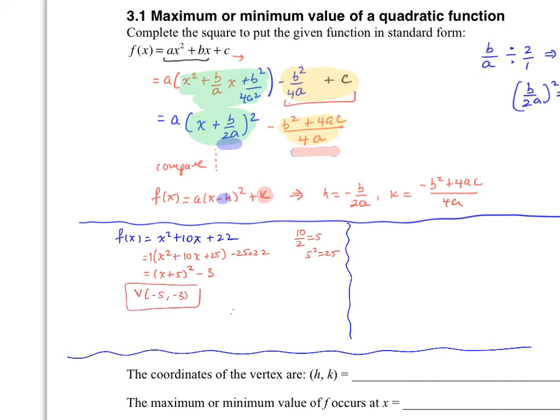So therefore the vertex will be negative 5, negative 3. So this was the old-fashioned way. Here the value for a is equal to 1. Now the new way. So in the new one, you have f of x equals x squared plus 10x plus 22.